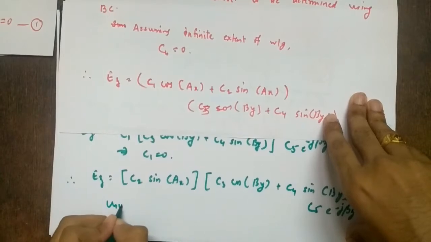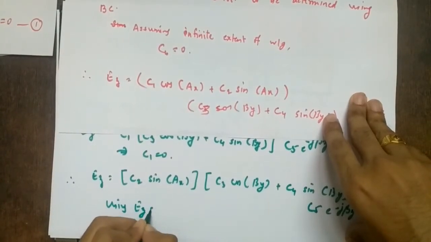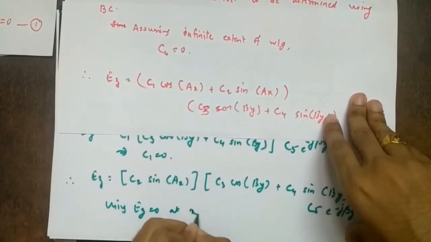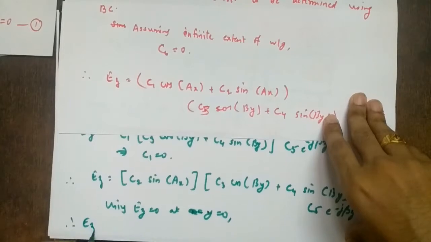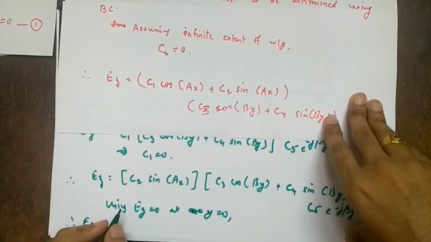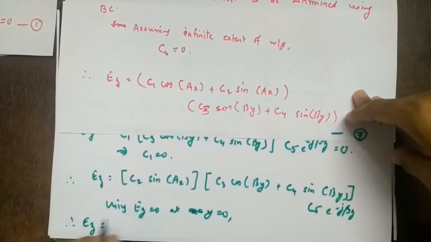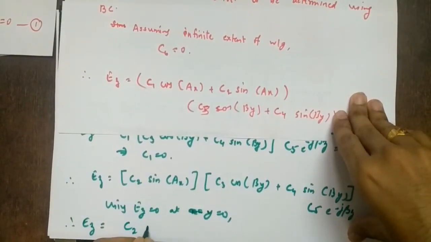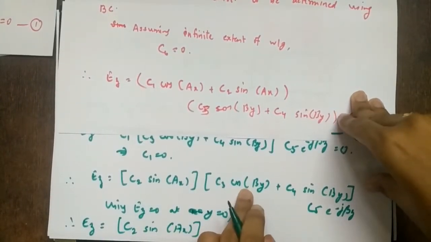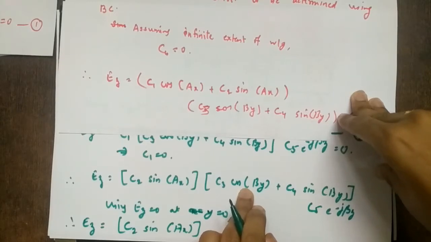Then we apply Ez equal to 0 at x equal to y equal to 0, because it will be simpler. Therefore Ez equal to, so what will we get? C2 sin Ax, again it is not dependent on y equal to 0, so it will be as it is. Then here y is 0, so this is 1, right?